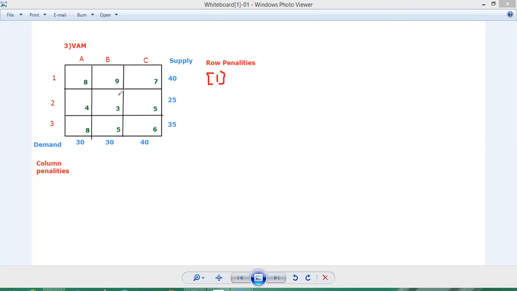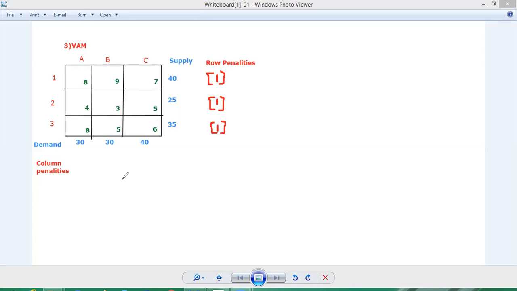In the second row, the first minimum value is 3, the second minimum value is 4, so again the difference will be 1. In the third row also, the first minimum value is 5, the second minimum value is 6, and the difference will be 1.